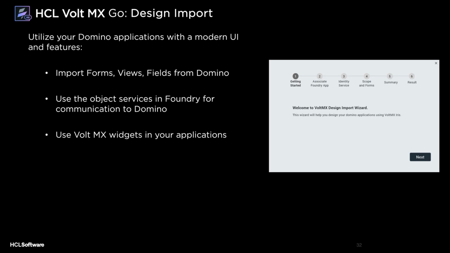We actually import the forms, views, and fields from your Domino application. We reference those in the object services within Foundry to communicate back and forth with Domino. We also allow for you to use the Volt MX widgets in your applications to modernize or enhance those applications into things that are not necessarily available in Domino, but are available in Volt MX.